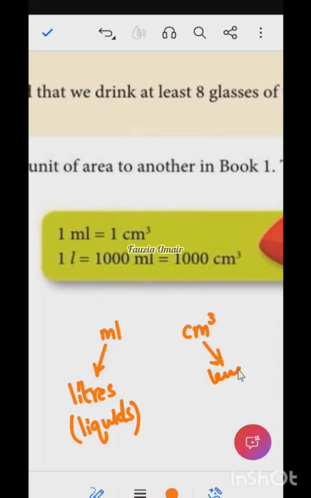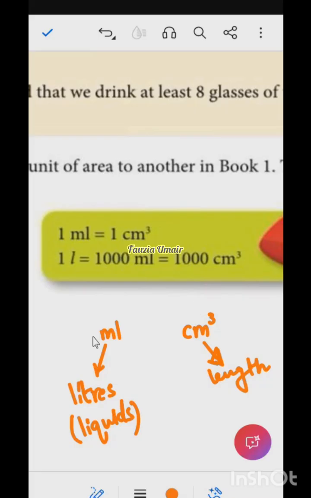It is a unit of length. Centimeter is a unit of length and milliliter is a unit of measuring the capacity inside the container.